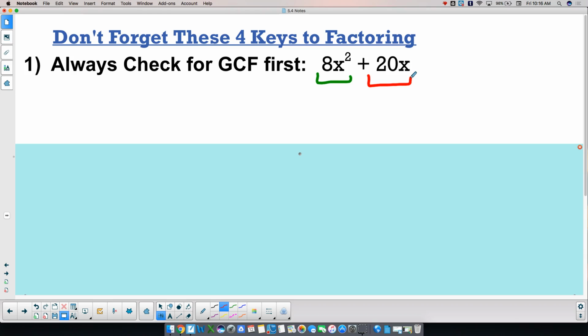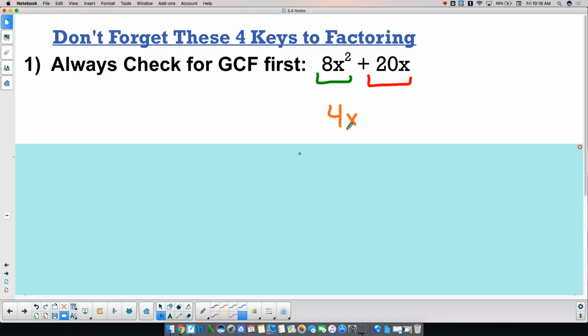And you need to ask yourself, what goes into 8 and 20, and what goes into x squared and x. Okay? And you want the biggest of them. I could factor out a 2, okay? But that wouldn't be the greatest common factor because both can be divided by 4 and x.